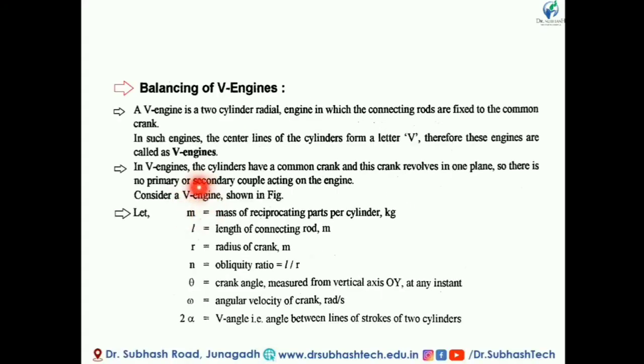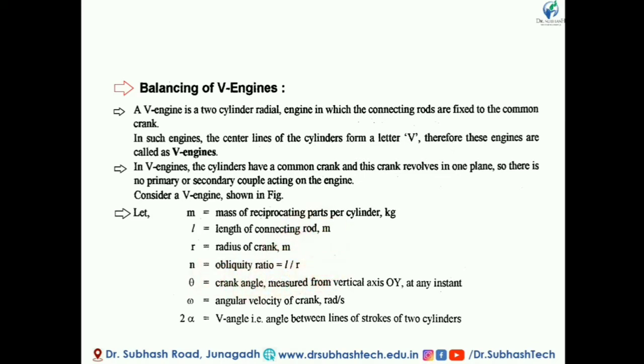Let us consider some notation. M is the mass of reciprocating part per cylinder, that means M is the mass of piston. L is the length of connecting rod. There are two connecting rods and both have length L. Small r is the radius of crank. There is only one crank because both connecting rods are attached to a common crank. Small n is the obliquity ratio, equal to L by r.